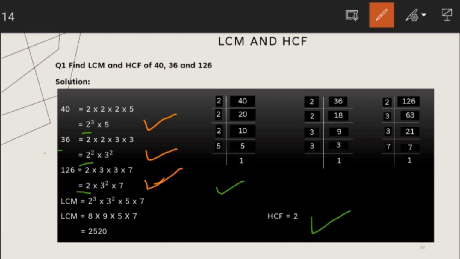So I'm going to take 3 to the power 2. As I've told you, we will take the uncommon also. So we will take 5 and 7 also. So LCM would be 2 to the power 3 into 3 to the power 2 into 5 into 7. Means 2 to the 3 is 8 into 9 into 5 into 7. Just multiply all of them. You will get the LCM 2520.